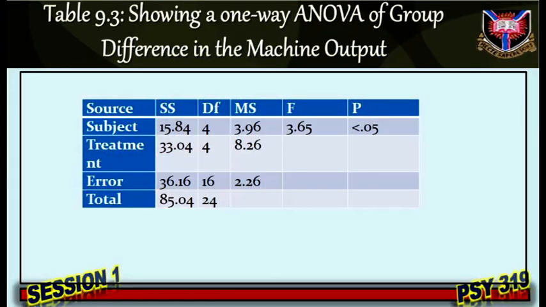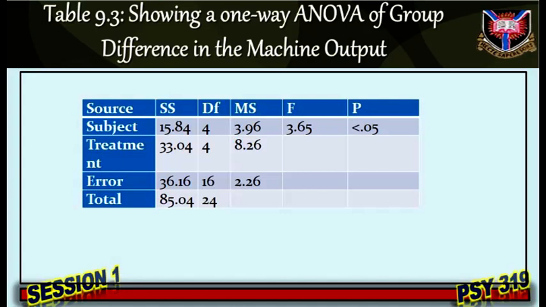Table 9.3 showing a one-way ANOVA of group difference in the machine output. Source, subject: SS 15.84, DF 4, MS 3.96, F 3.65, P less than 0.05.